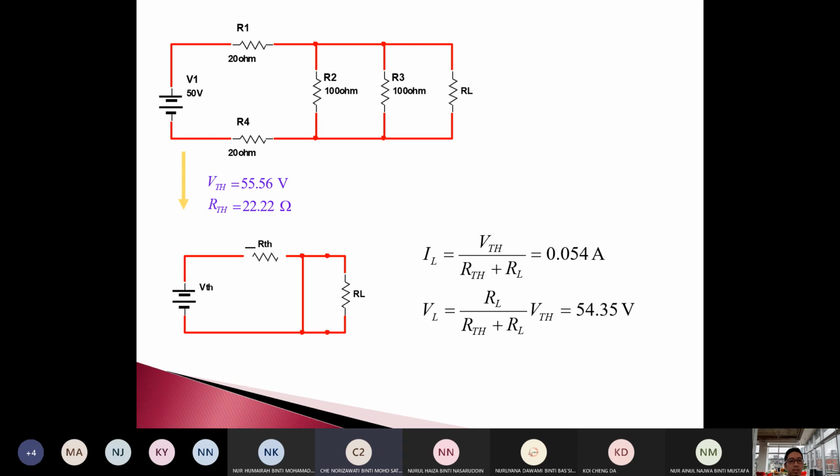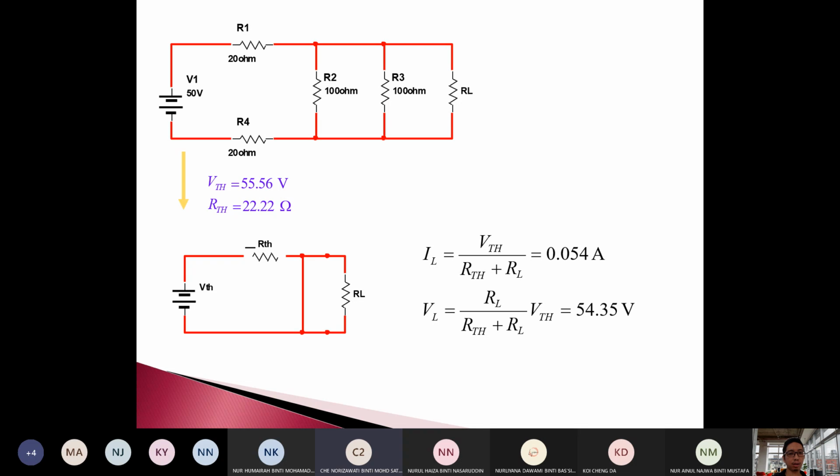If you're measuring the current over there, it should be VTH over RTH plus RL, because in a series circuit, this is the current divider. So you will know your IL.